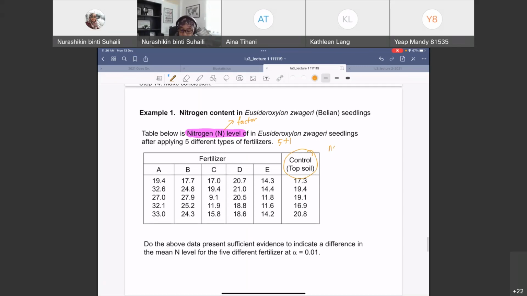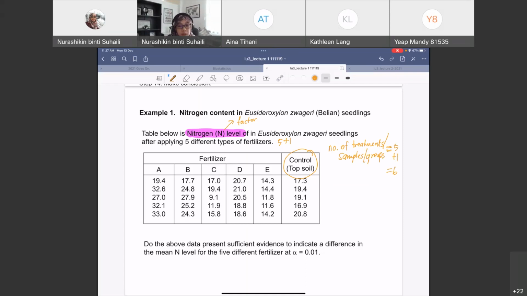So the number of treatments, remember, in ANOVA we call samples treatments. This is also called samples, but we don't say samples anymore, or groups. These 3 things are actually equal. So it's not 5, it's 5 plus 1, which is 6.